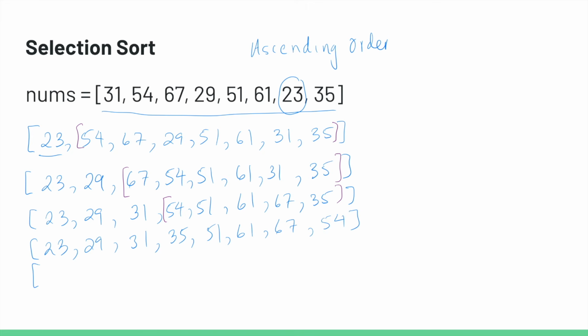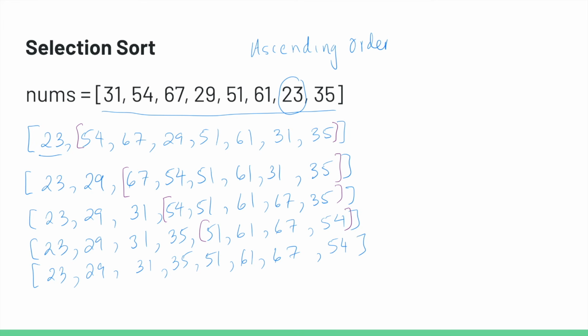Next, we'll look from 51 to 54. We've got 23, 29, 31, 35. Let's see what the minimum from 51 to 54 is. Actually just 51, so we can leave this in place. 51, 61, 67, 54. And that's pretty much it.